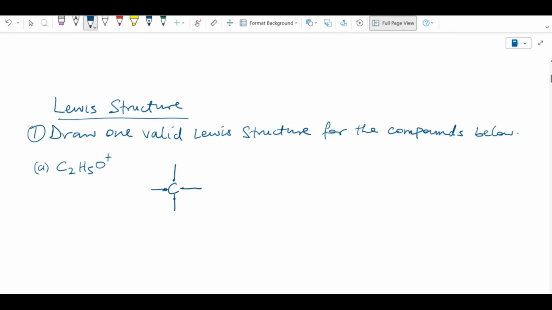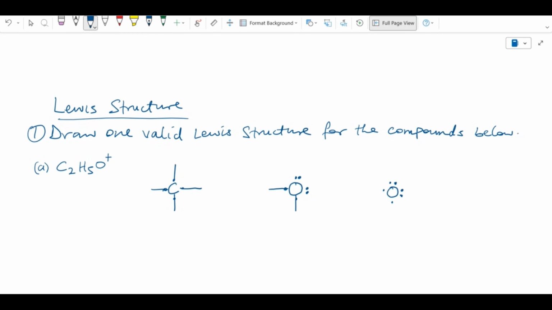Now the other atom here is oxygen. Oxygen has 6 valence electrons, so you would have 1, 2, 3, 4, 5, 6. That means a neutral oxygen atom can form 2 bonds and it will have 2 lone pairs.